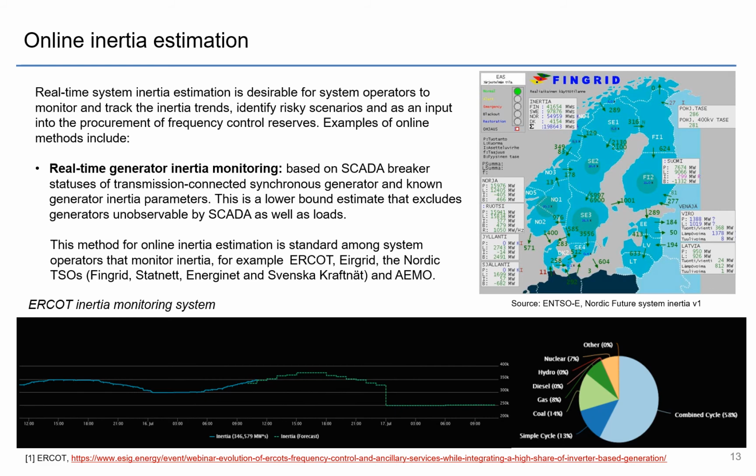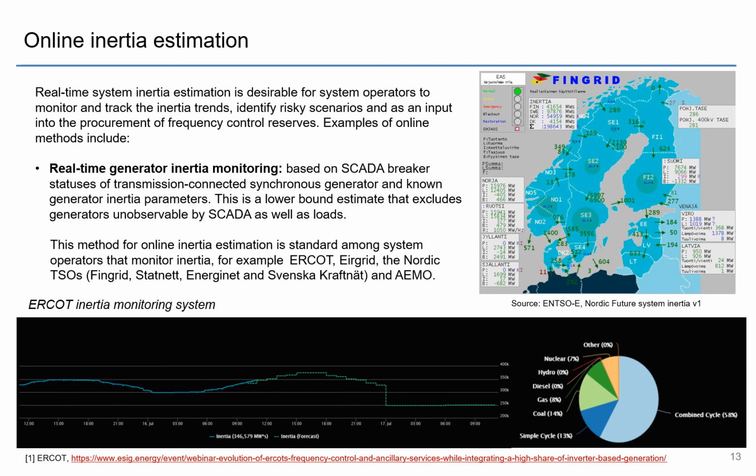But it is desirable, at least for system operators, to have a real-time estimate of inertia, so that you can monitor and track inertia trends in the system, and have a level of situational awareness to identify risky scenarios, and also as an input into procuring frequency control services. So in a low inertia state, you might want to procure additional fast frequency responses.